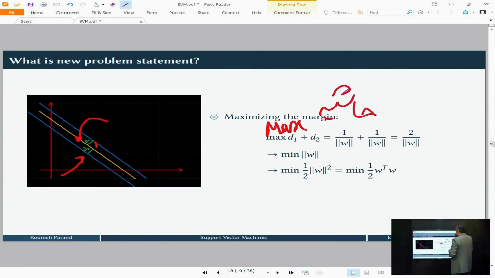So what's the margin, friends? One is D1, the other is D2, so what does that mean? Friends, the maximum is D2. Well, how much was D1? How much was D2, which was equal to D1?